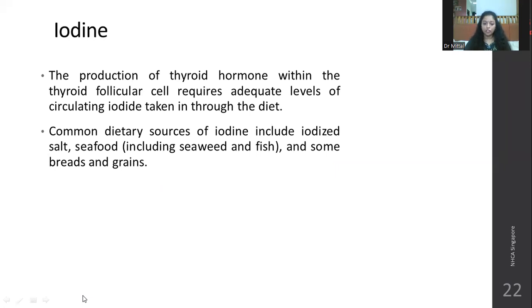All types of seafood, including seaweed for vegetarians and fish for non-vegetarians. Some breads and grains also have iodine, specifically the ones grown near the coastal areas. In the coastal, peninsular region of India, whatever grains, plants and vegetables are grown there have a higher concentration of iodine as compared to the northern parts of the country.